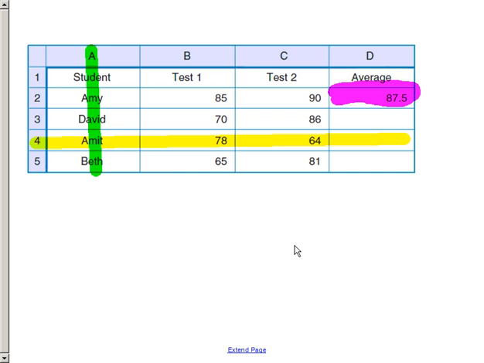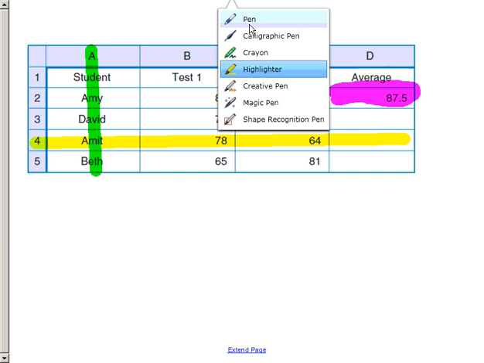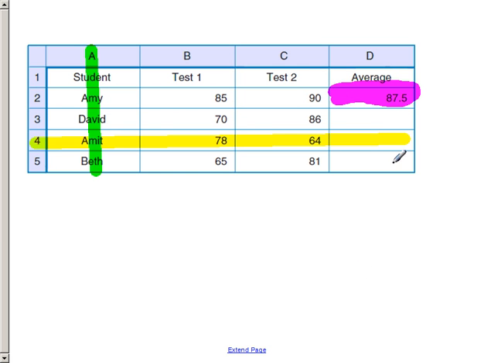We can use a spreadsheet to create formulas, which is what I'm going to do. I'm going to take my pen this time, and I'm going to say, what if I want to find out what belongs in D3? So it's cell D3, and I want to know what number goes there. Well, I see that in row 1, this has the word average.